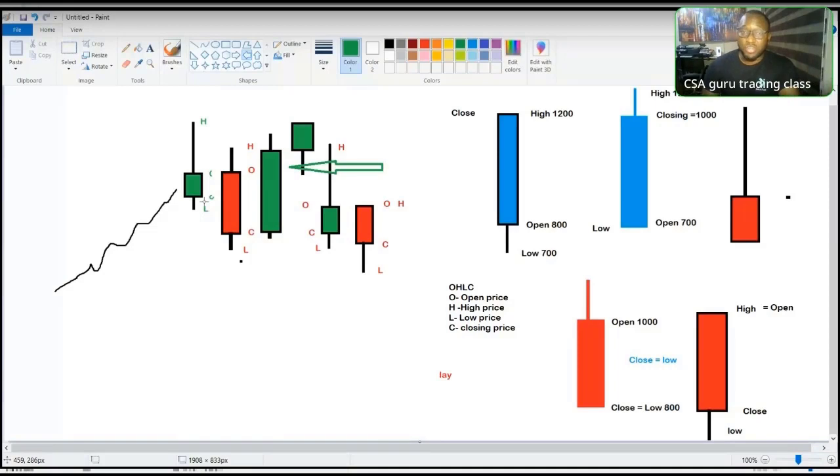It's more or less historical data, right? Technical analysis is all about using historical data to predict what's going to happen in the future. So the indication of your previous candle, whatever the previous candle is telling you, can help you project what the new candle is going to do.